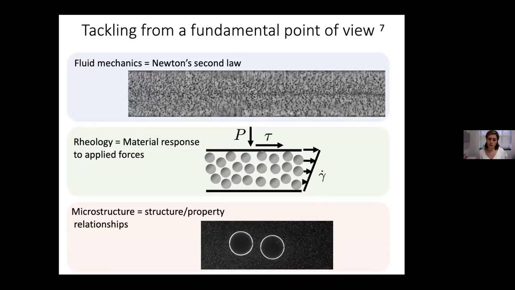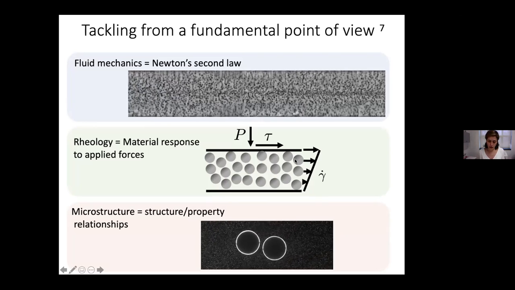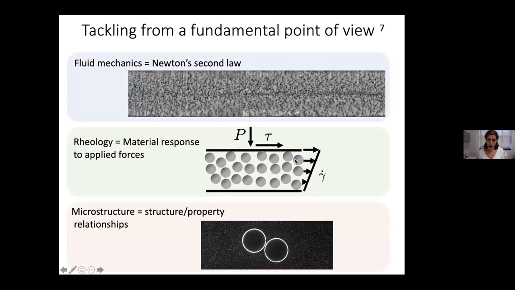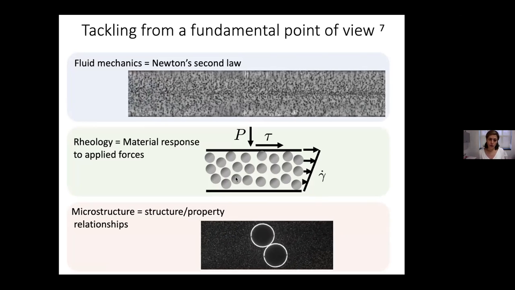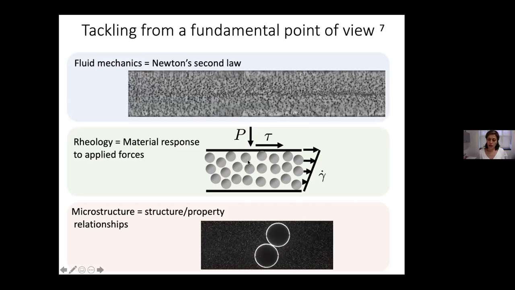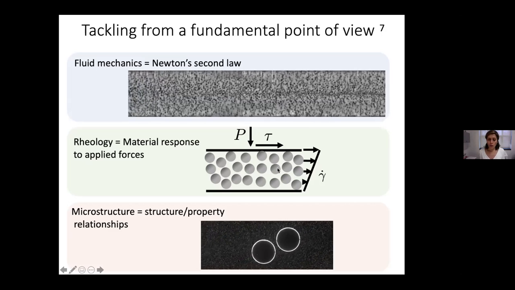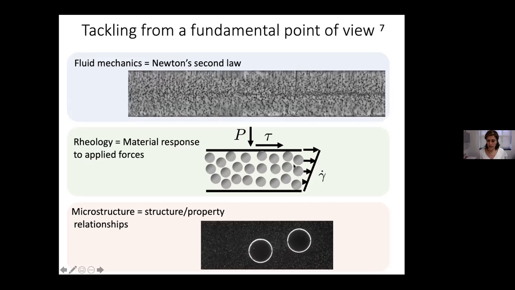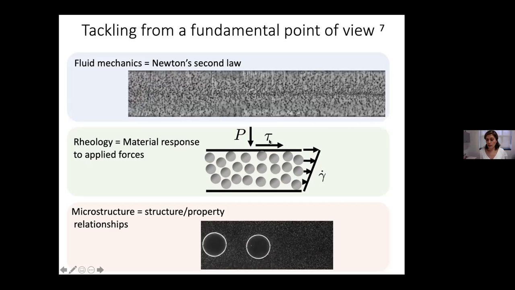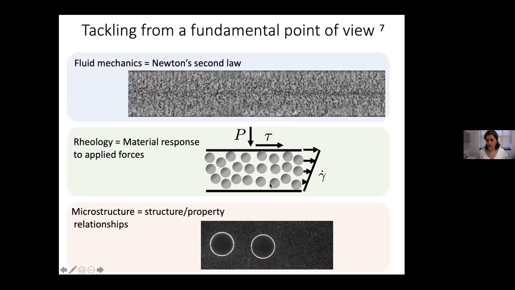And to be able to close the governing equation of motion, I need to know what is the rheology of this material. Namely, what is the response of the material to the applied shear stress and normal forces?